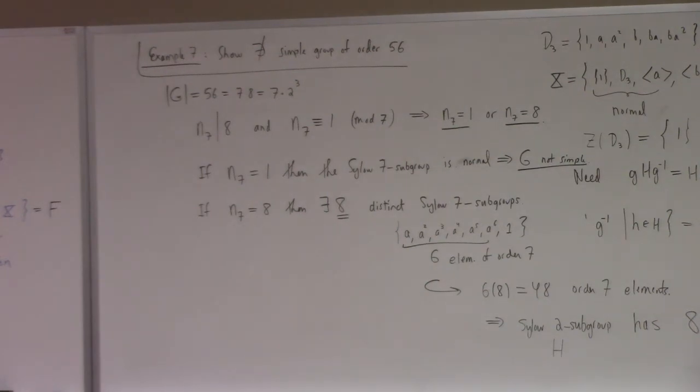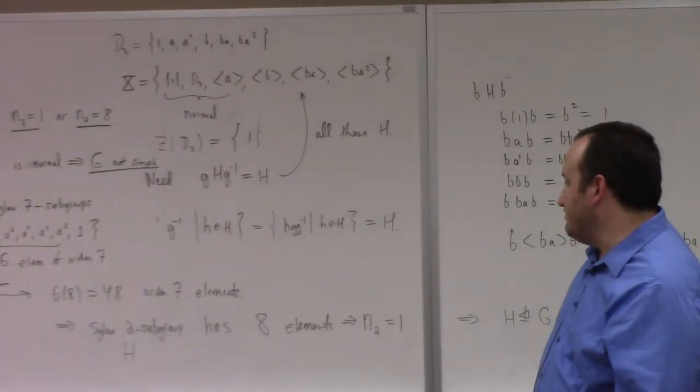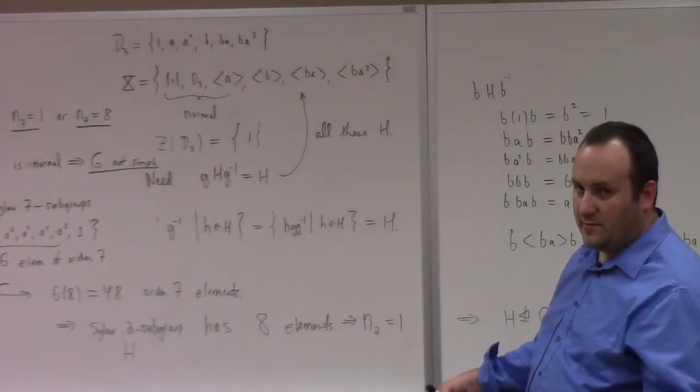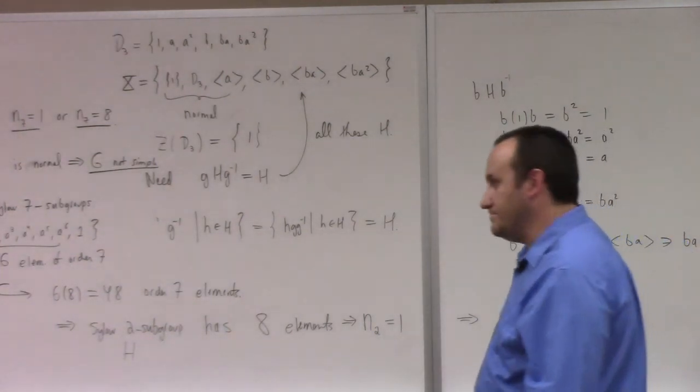So in either of the cases, the number of Sylow 7 subgroups being 1 or 8, either possibility, which is everything, we're led to the existence of a non-trivial proper normal subgroup, hence G is not simple.